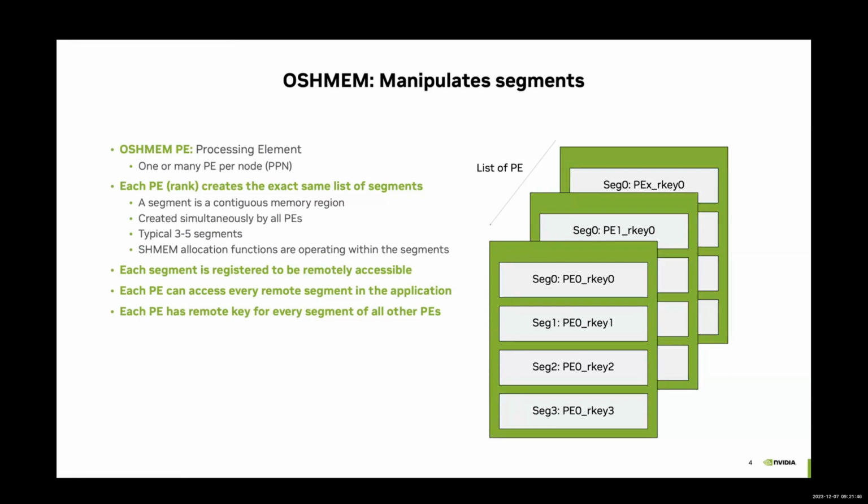A very typical case would be global variables, then the memory heap, and sometimes a device memory that's considered a 3rd segment. Each segment needs to have a remote key. As you increase the number of PEs, the number of these data structures grows, and each rkey occupies some memory. So we're trying to optimize this with the symmetric memory key.